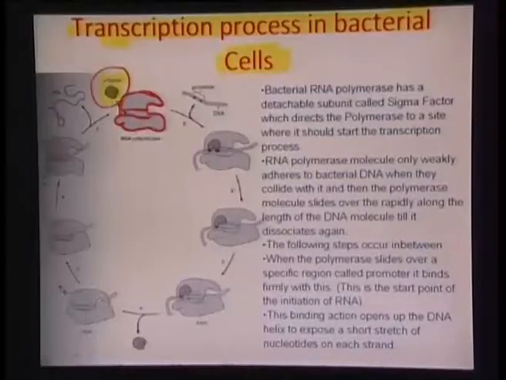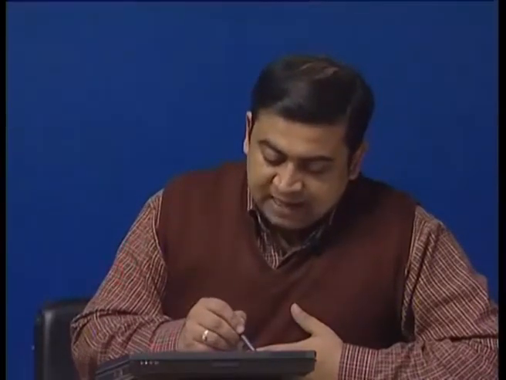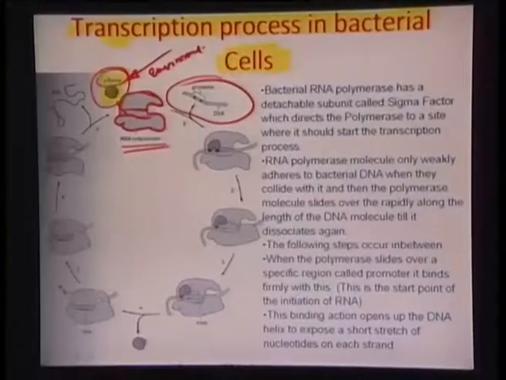The RNA polymerase should know where to start the coding into mRNA from the DNA, the transcription. So let us suppose with the sigma factor the RNA polymerase bites into this DNA region, and then it loosely slides on this DNA from this end all the way up to an extent when it hits a so called promoter region.